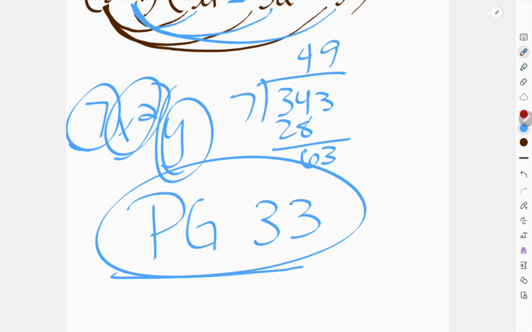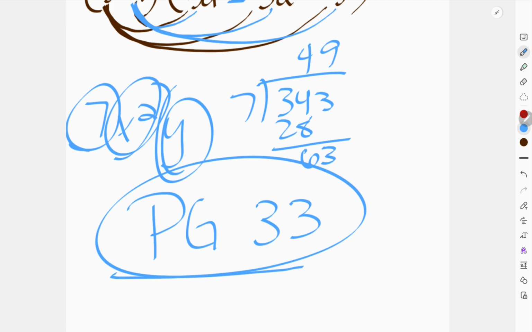22 and 23 says factor out the binomial from each of these polynomials. Okay, so from here, we're going to do things a little bit different, but not much different.